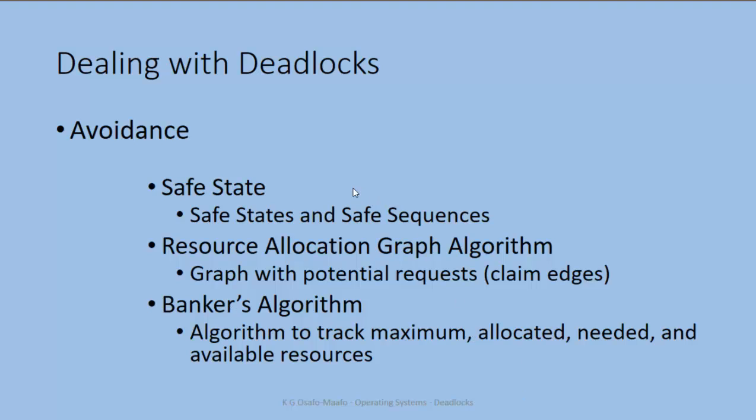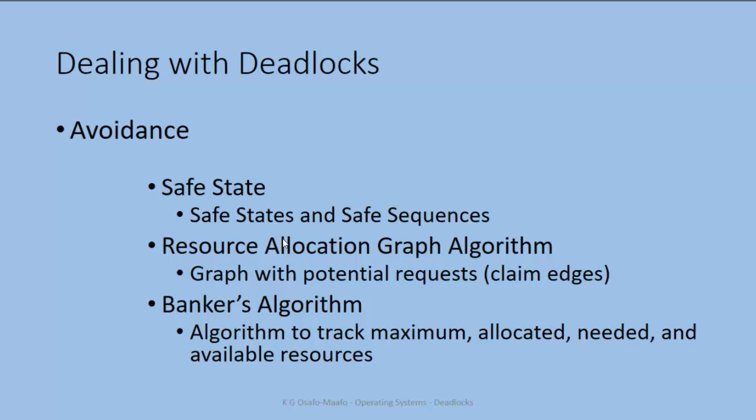Now, I'm just going to review because there was a car passing by with a lot of noise. Okay, so safe state, as I said, you try and keep track of, is it possible for me to give a sequence of acquisitions and releases so I can make sure every process finishes. Resource allocation graph, that means that we look at the graph that we were drawing before and try and determine, even before the processes start, what they are likely to request.